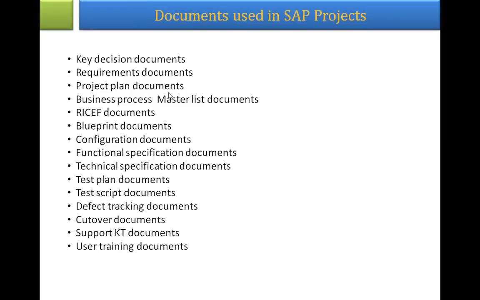Okay, project plan documentation: how the planning of the project will be carried out, what is going to be the first step, requirement gathering, what is going to be the next step, and how much duration is allotted for each and every process to be completed. The documentation will be planned over here. Business process: as I told you, if they are using any kind of business process, we go there and ask them to provide the documentation.